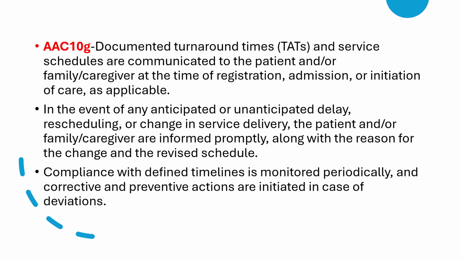That should be defined. In the event of any anticipated or unanticipated delay, that should be communicated to the patient or patient caregivers. Okay. And any compliance within the defined timeline is monitored periodically. For this also an audit needs to be done for the TAT delay or waiting time delay, and if anything is there, then you take it as a QIP and try to fix the TAT.